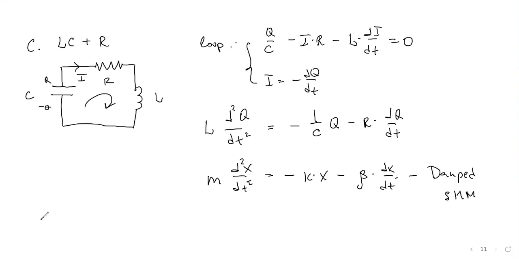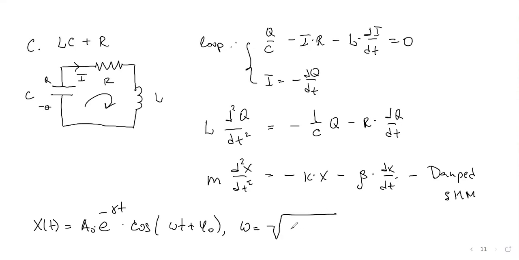I don't know if you remember this or not, but the solution was some initial amplitude, exponent minus gamma t, multiplied by cos, if I remember this correctly. So it's going to be harmonic oscillations, and omega was a square root from omega naught square minus gamma square, something like this.